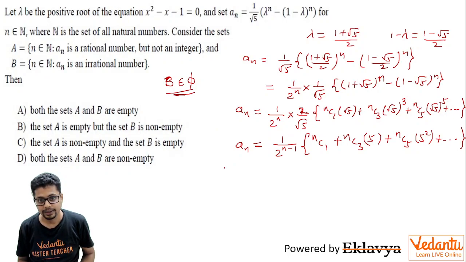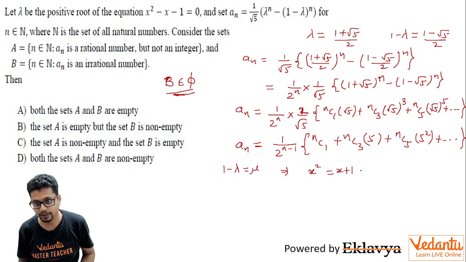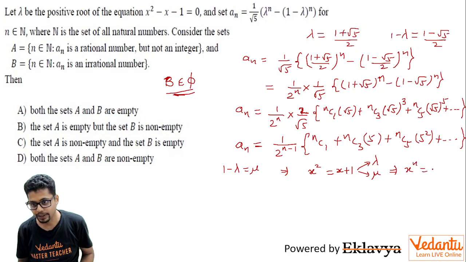For that, let's say 1 minus lambda is mu. In that case, x square equal to x plus 1 has two roots: one is lambda and the other is 1 minus lambda, which is mu. Lambda and mu would obviously also satisfy the equation x to the power n equal to x to the power n minus 1 plus x to the power n minus 2, as I have multiplied both sides by x to the power n minus 2.